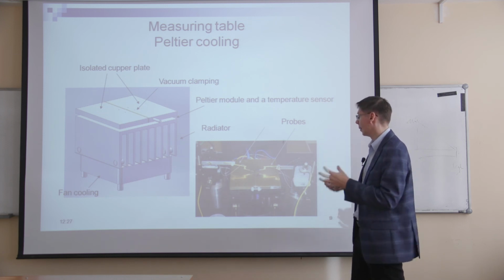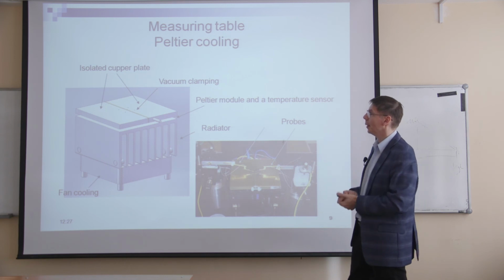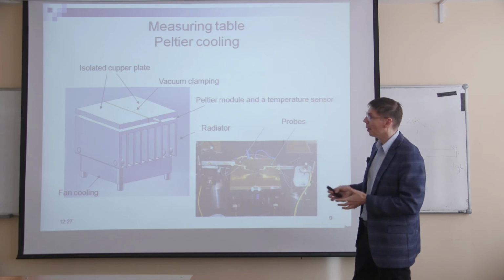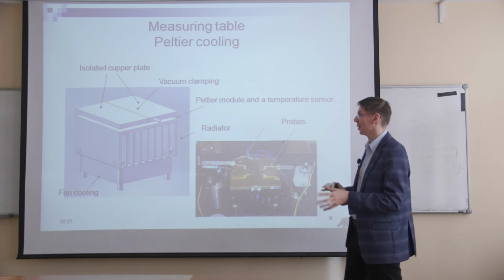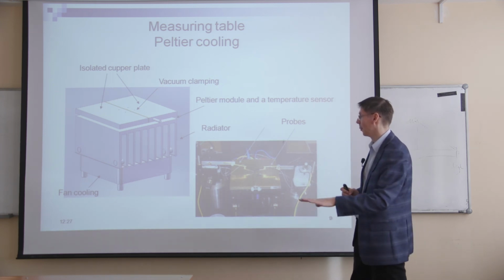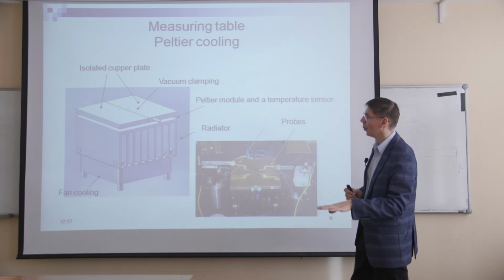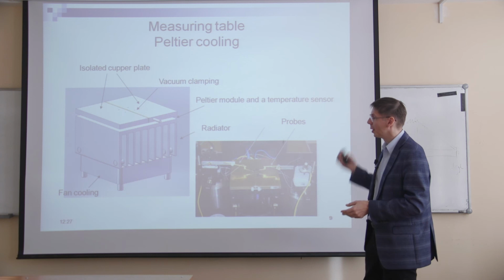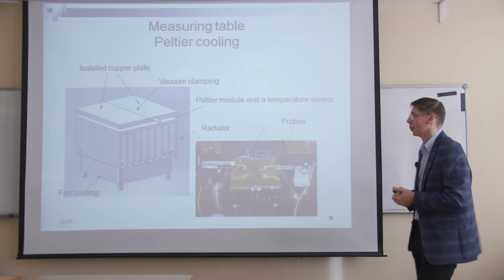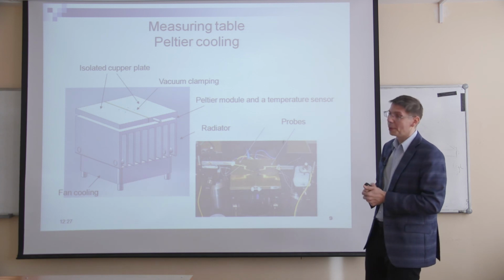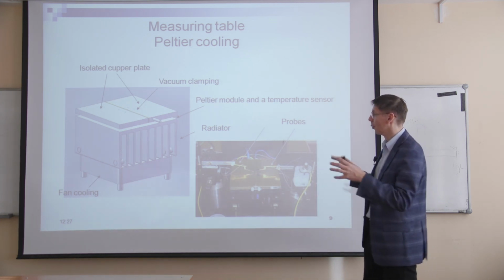If you have condensation of the water, normally you are limited at 10 or 12 degrees at the low temperature, and for the high temperature, for example for this system, you can heat up to 70 degrees without any problem. It depends on the power of your Peltier module supply.